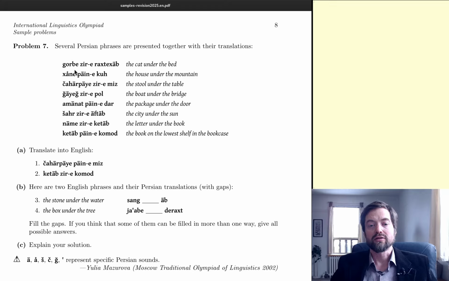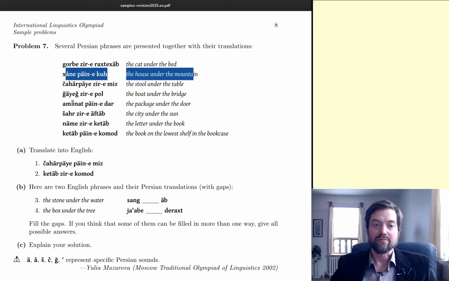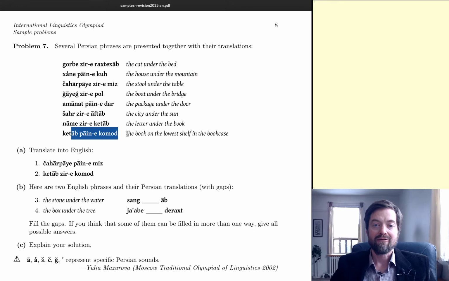There's nothing that could give us any clue towards that. And we looked at animacy, whether the thing is alive or not, which can often make a difference. But the only animate thing is the cat. So we need something that makes these paine sentences different from the zire phrases. Right? So that's what we need to identify.